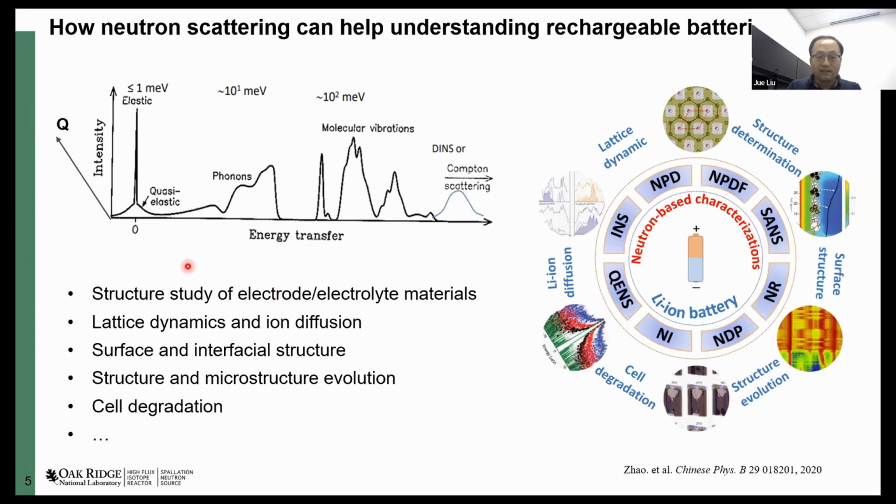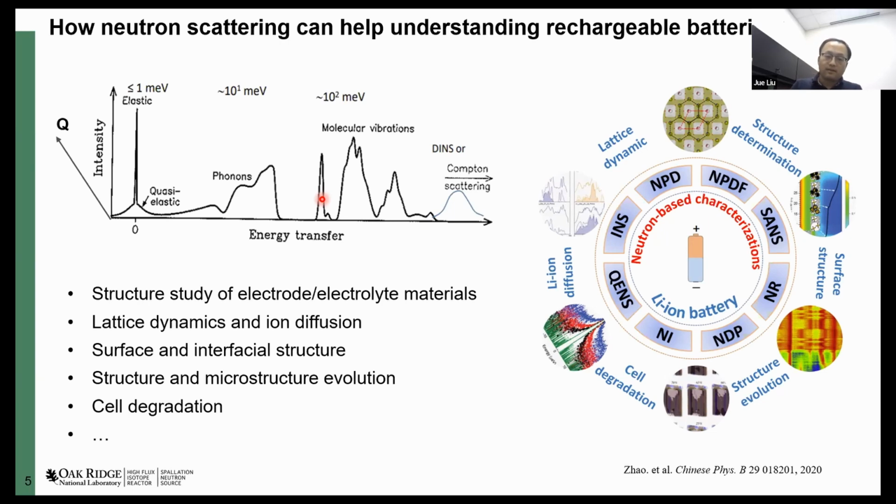For example, the ion dynamics, the diffusion of ions, a lot of interesting phase transitions in battery materials, and also the molecular vibrations in, for example, liquid or polymer electrolytes, right?